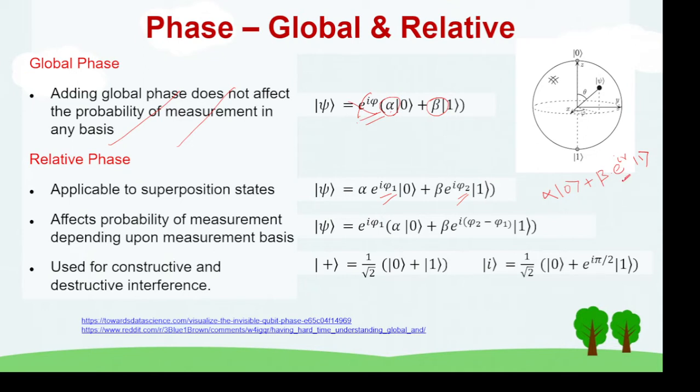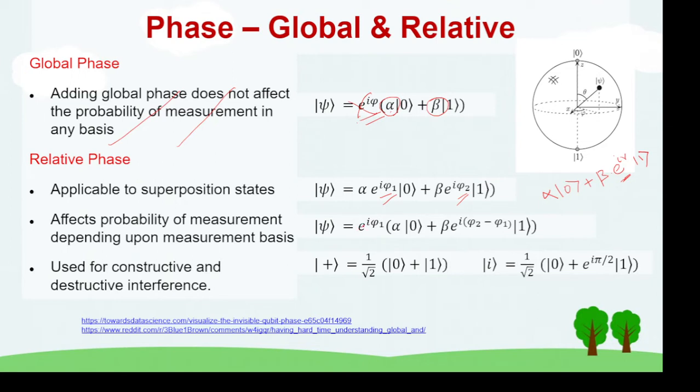This value corresponds to the relative phase. You can also represent it elsewhere, but the normal practice is to put it with respect to ket 1. It affects the probability of measurement.